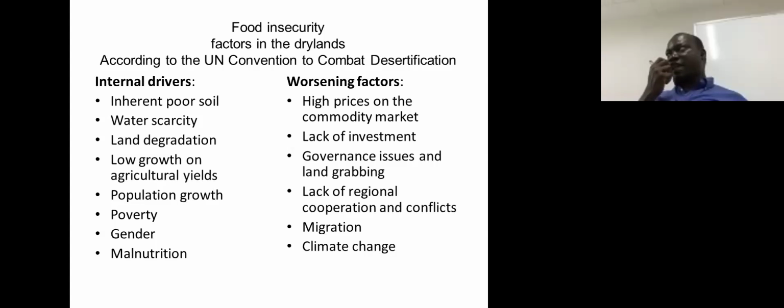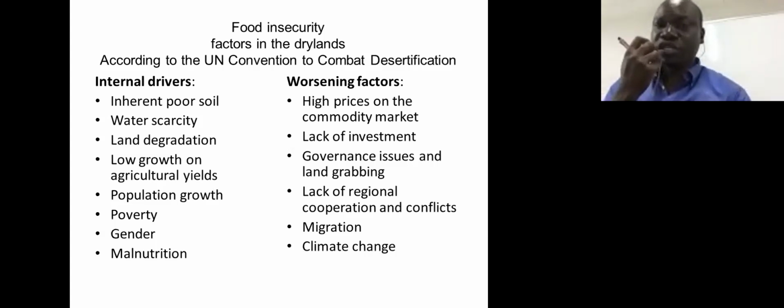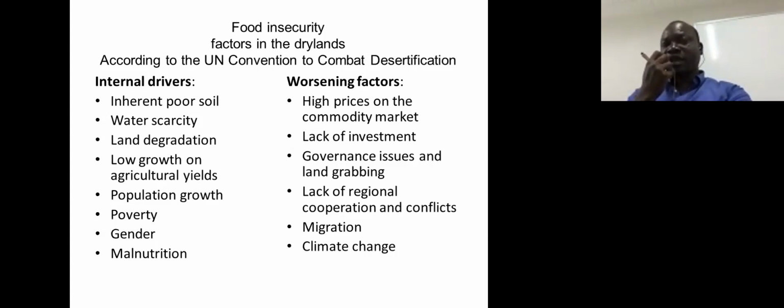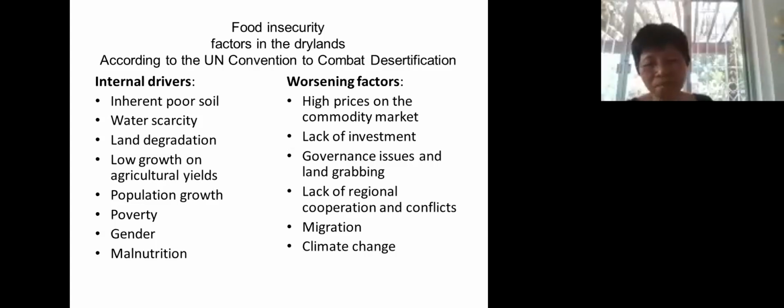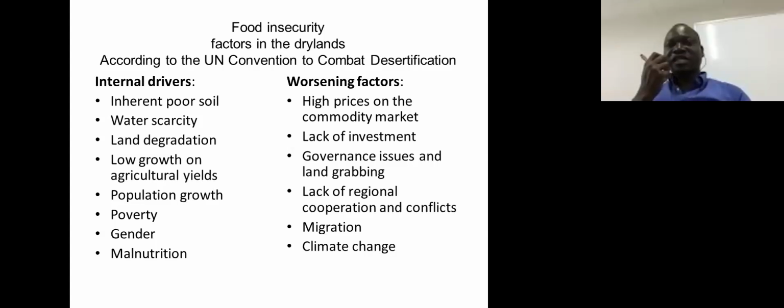A country like Japan has limited land, but they are able to produce enough because they use fertilizers to enhance soil fertility. Most of the farmers in the developing world, like sub-Saharan Africa and the subcontinent, rely just on nature. Water scarcity is also a challenge because of climate change, because they rely on natural rain-fed agriculture.